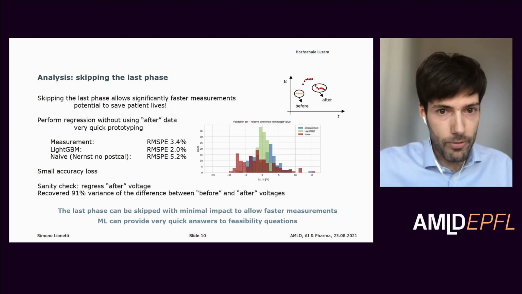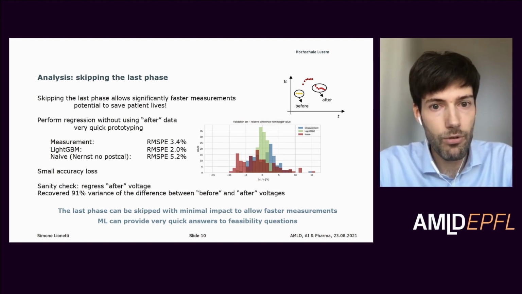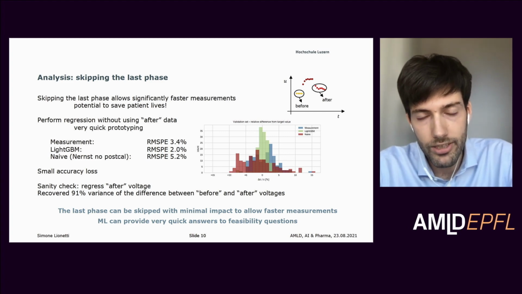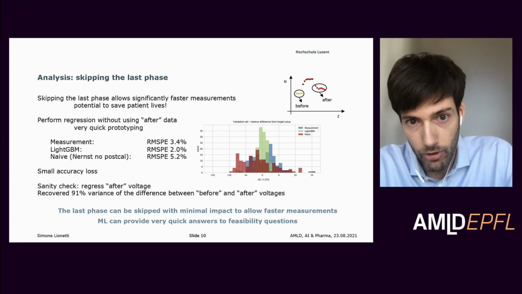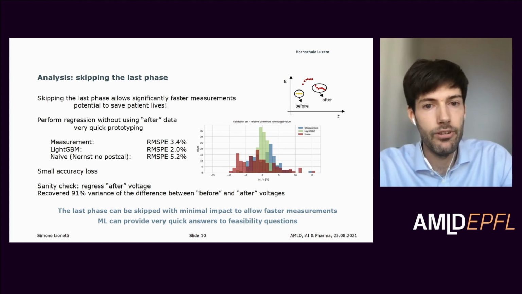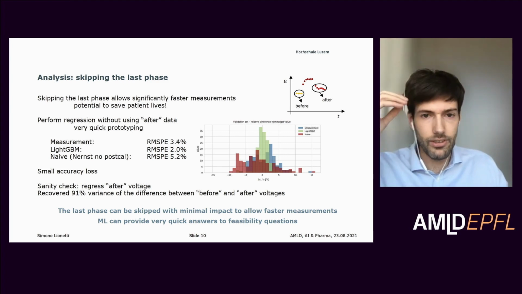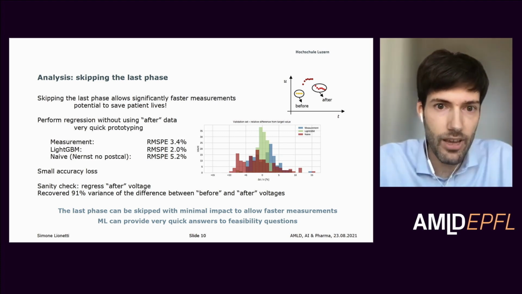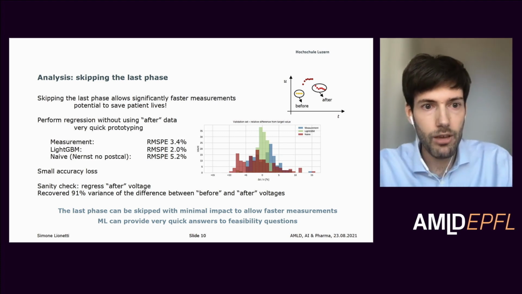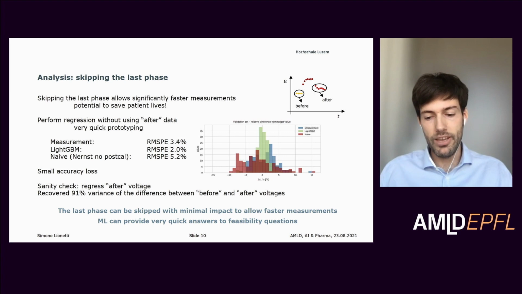Now we come to the last part of my analysis, where we want to try to do without the last part of the measurement, the last phase of the measurement. And this is because actually this measurement after the sample was inserted takes some time, and it makes the instrument slower.